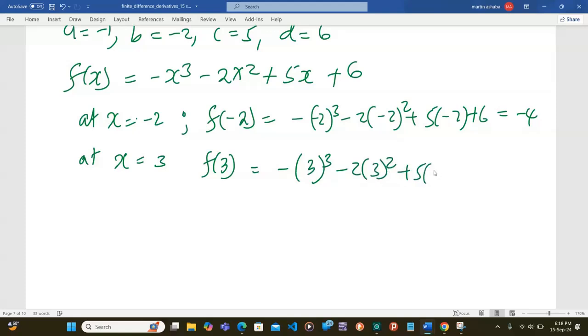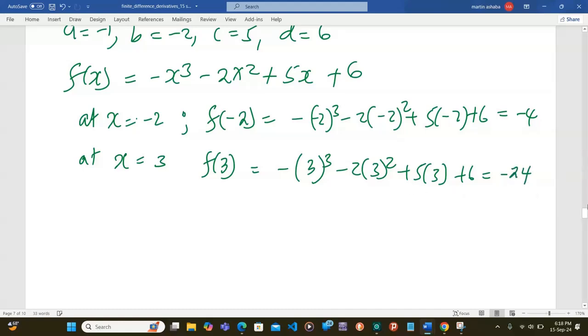So this is negative 27 minus 18 plus 15, then plus 6. So we get negative 24, meaning this function is very okay.